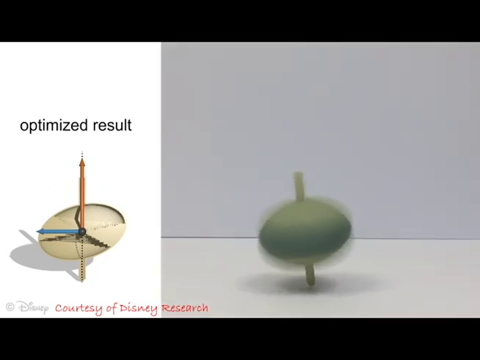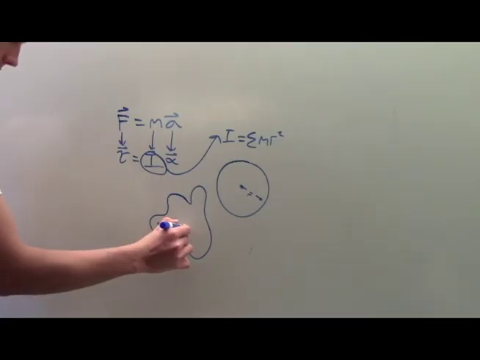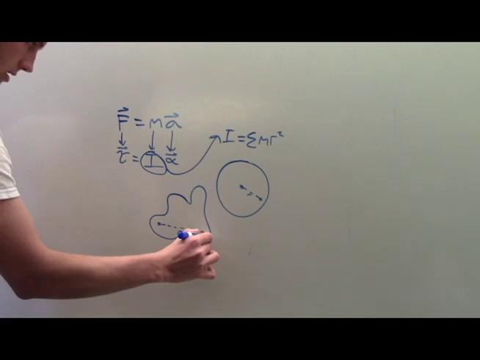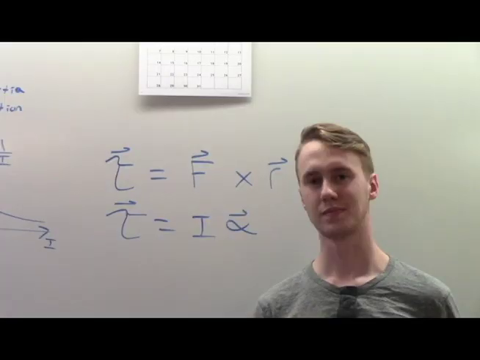The m is equivalent to that point, and then the r squared is the radius from the center of the circle. But it doesn't have to be a circle, and the axis doesn't have to be in the center. It can be any strange shape, and you could have the axis on the left there, and the r is still to that point, and then the m is still the mass of that point. So it doesn't have to be a circle, and you can still find the moment of inertia.